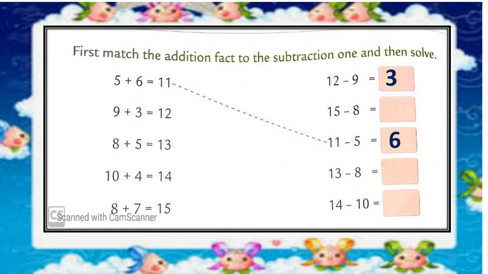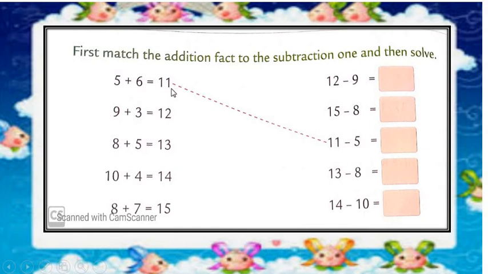Match the addition facts to the subtraction ones and then solve. Five plus 6 is equal to 11. Write down everyone. First of all, I am going to dictate the whole question. After that, we will make the solution. 9 plus 3 is equal to 12.